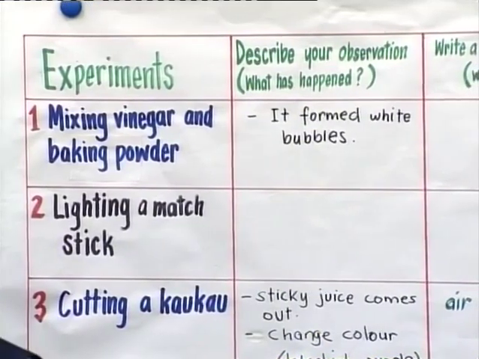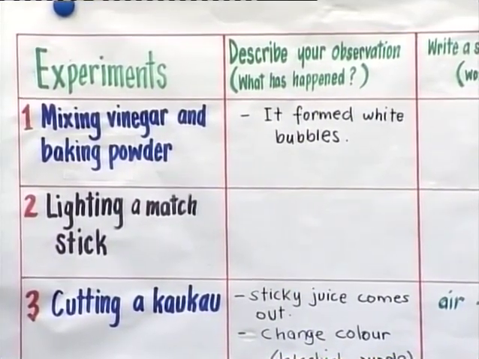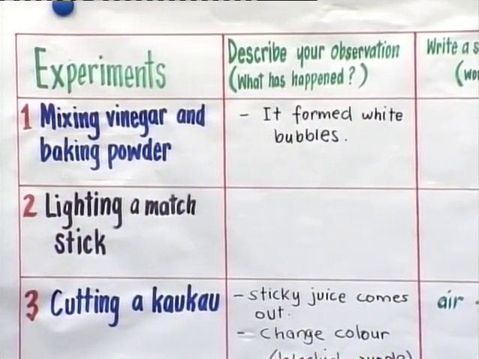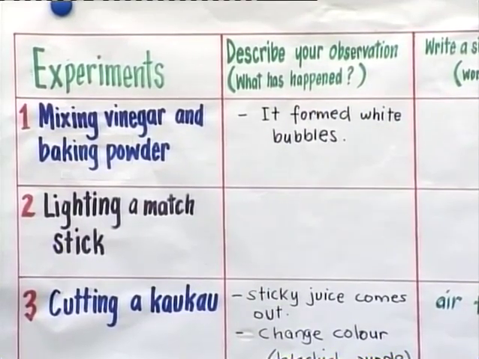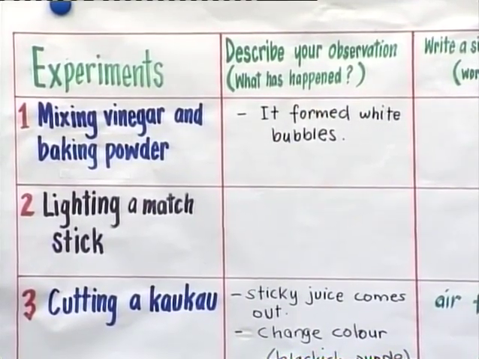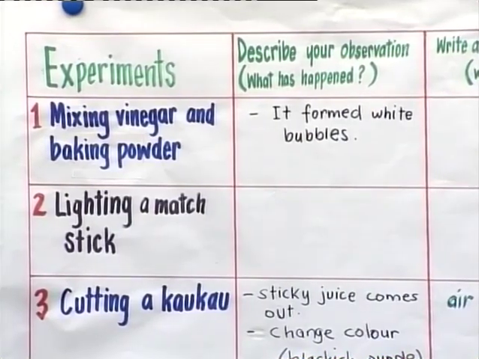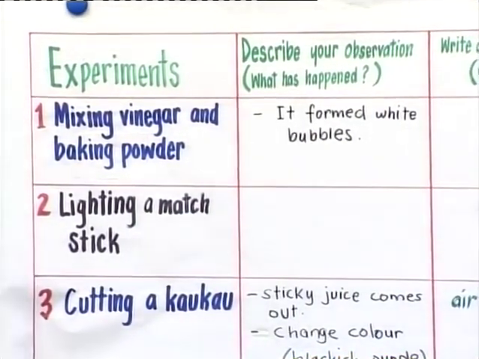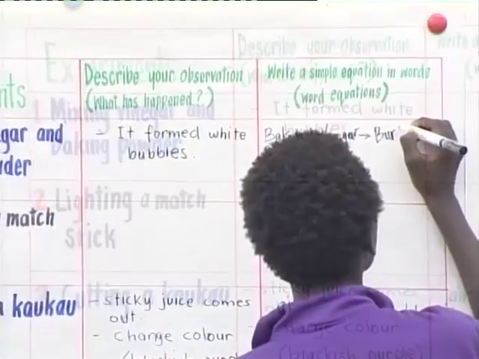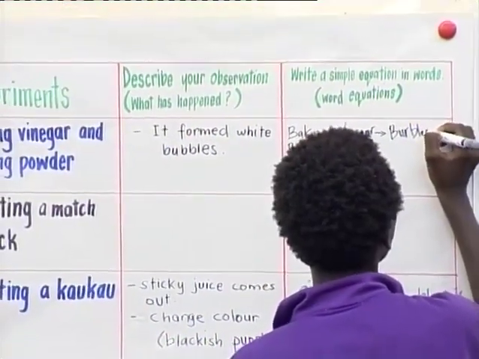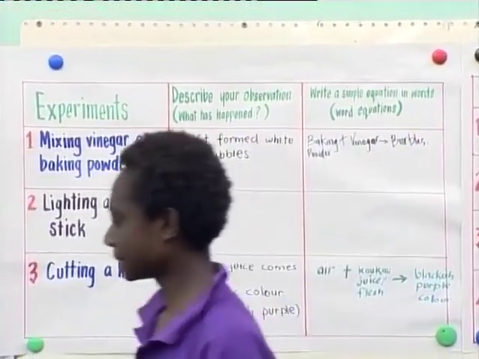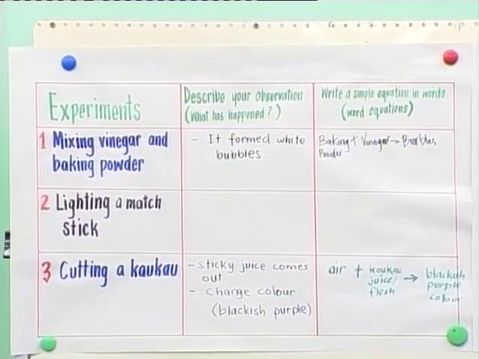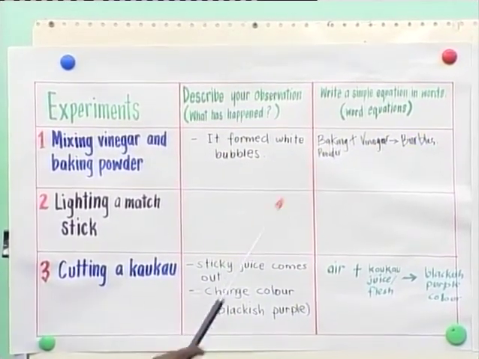Shannon. Shannon is going to write up the simple word equation for what Lisa had said. When baking powder was added to vinegar, it formed white bubbles. Okay, that is Shannon's word equation there.